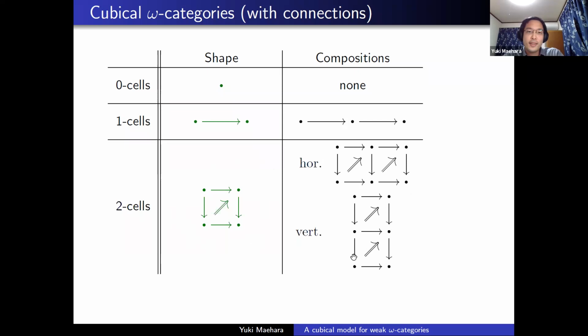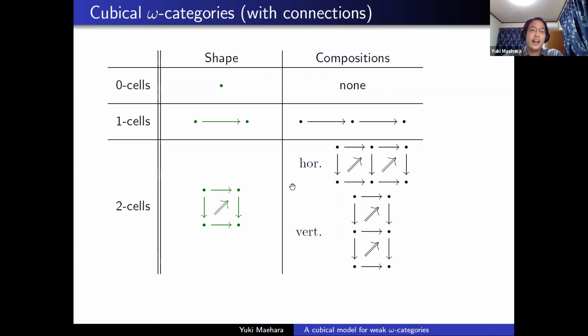These pictures might remind you of double categories, if you know about double categories. But double categories are different from these cubical two categories. The difference is that if you have a double category, then you have a set of objects and then a set of horizontal morphisms and a different set of vertical morphisms.